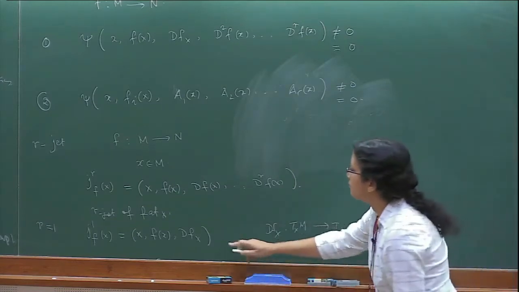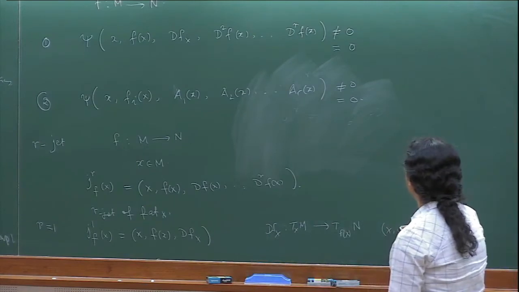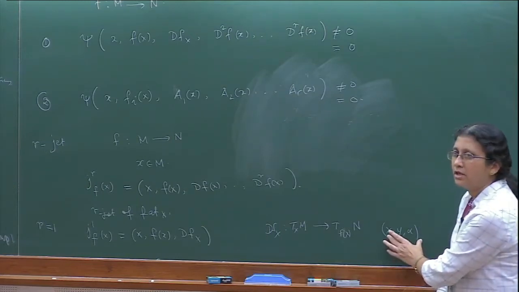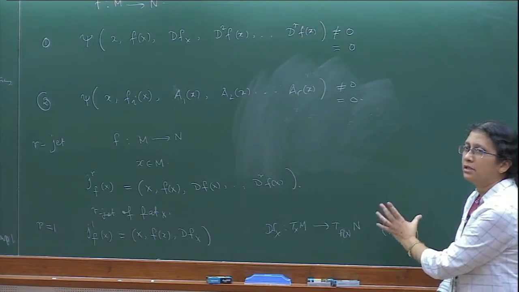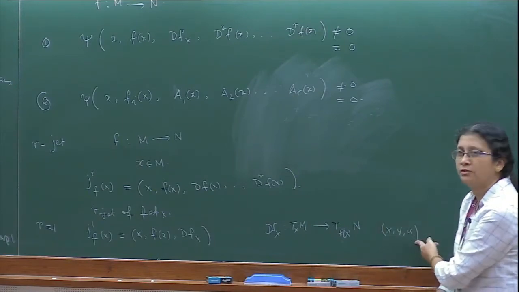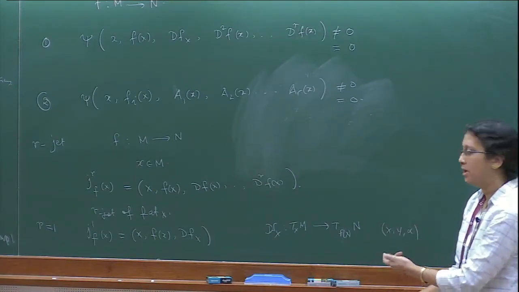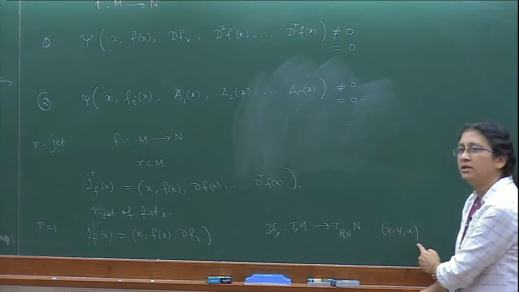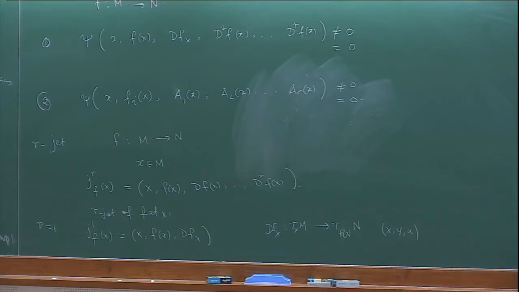So often I will denote this simply by (x, y, alpha), where alpha will be denoting a linear map. So this will be called the 1-jet corresponding to certain local maps. Given any such information, you can construct such a map which takes the value y at certain point x with the derivative alpha. It's just a local calculation.